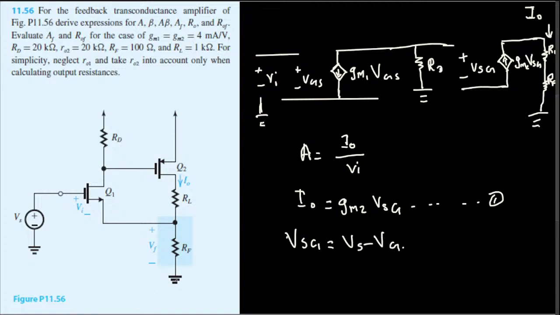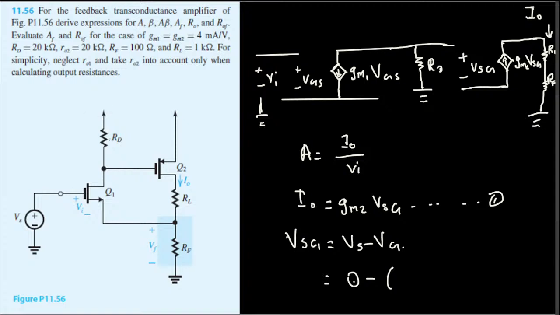The source is connected to the ground, so Vs is 0. For the gate voltage, we can use Ohm's law, voltage equals I times R. Looking at the small signal equivalent model, the current flowing through the second MOSFET's gate node is the current from GM1 VGS1 times the RD resistance, which gives the voltage right here.